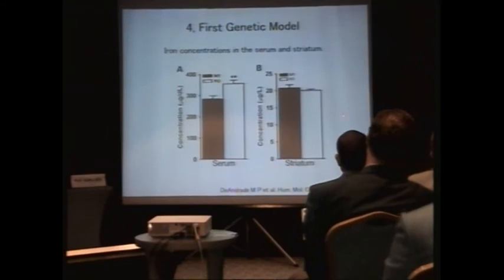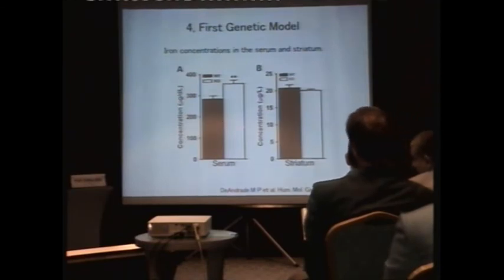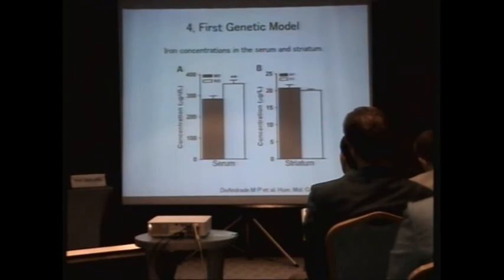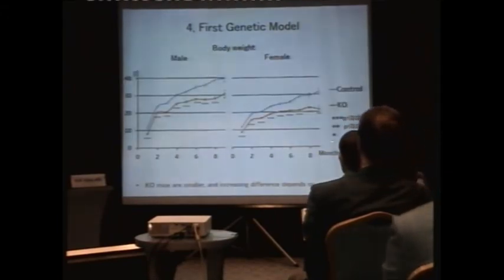But complicated data were also obtained. This knockout mouse shows a high iron level compared to wild type. This is controversial with the human phenotype, and they are not sure of the reason. Striatum iron showed no change, but serum iron level is high. And some data we already got, I also show.